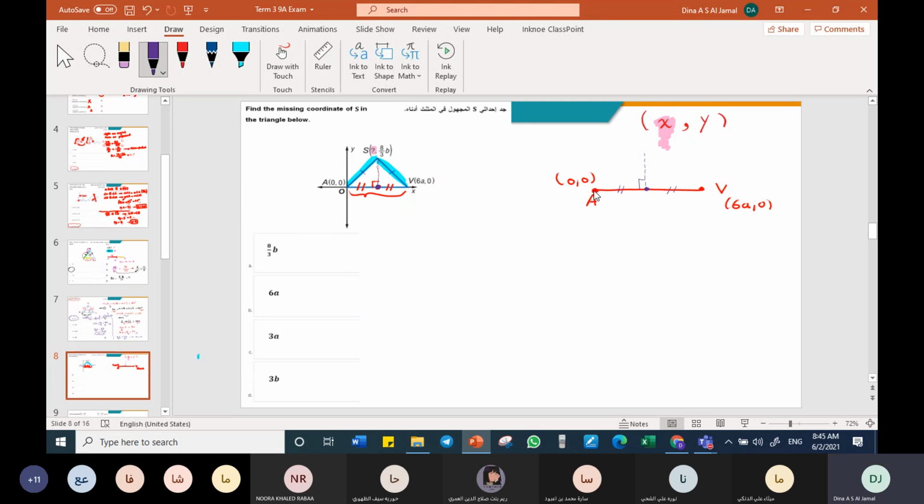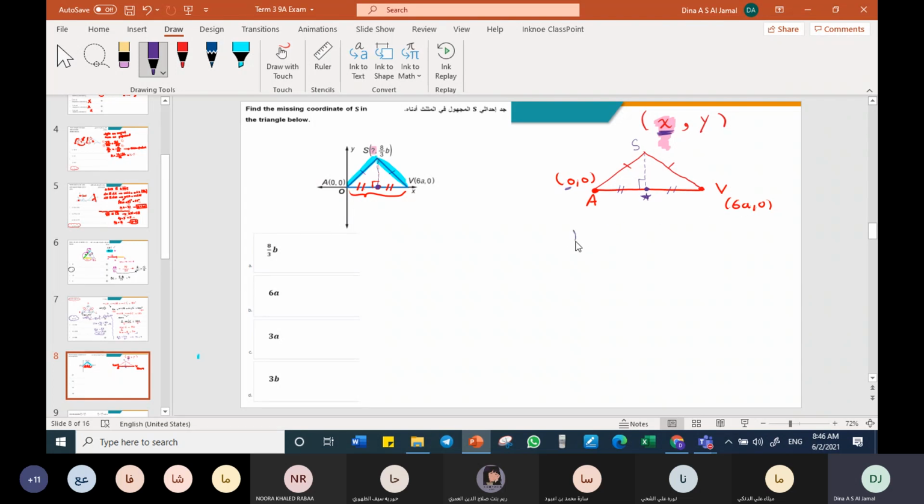So, let's build our triangle. The x coordinate of S will be the same as this point. That means you would like to calculate the point in the middle between A and V, and you just want the x coordinate. That means you only need to care about the distance from A to V.